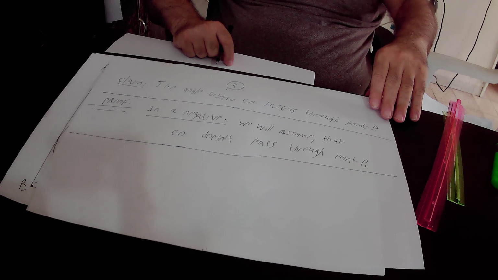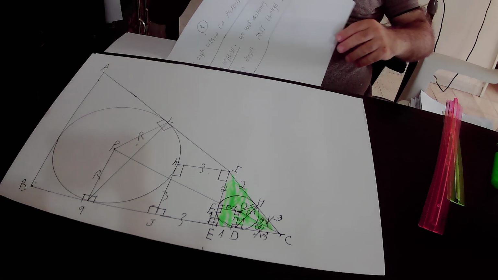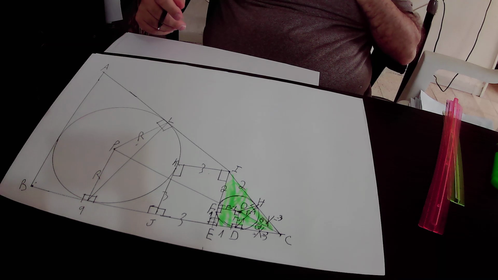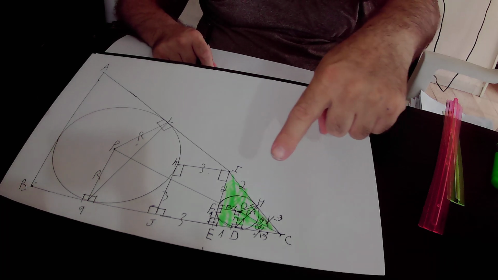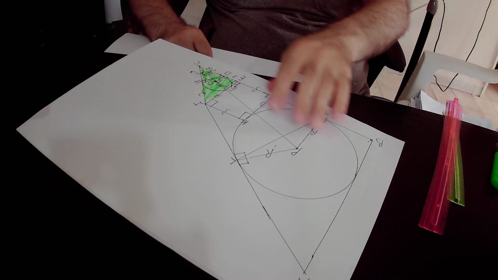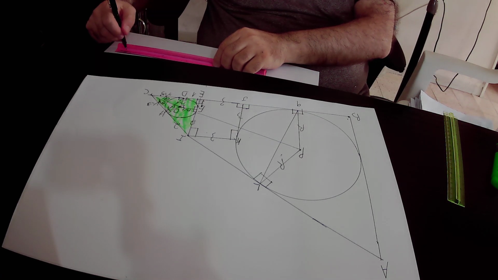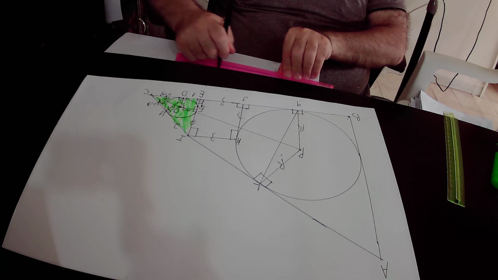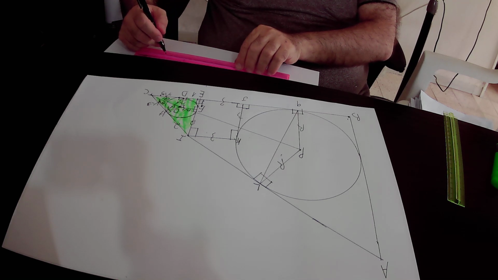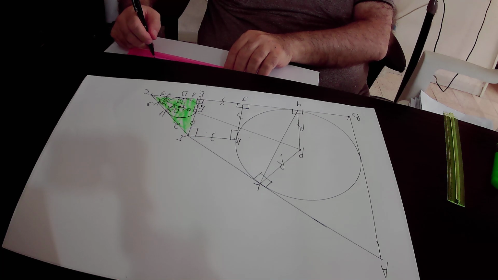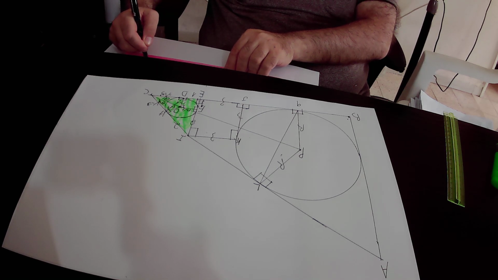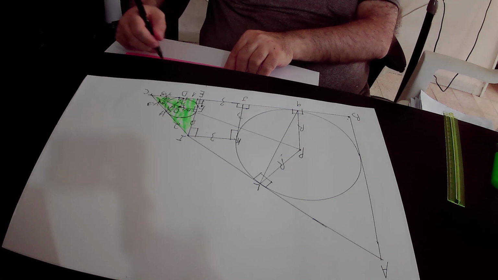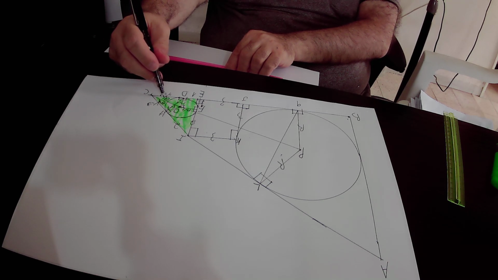Okay, so according to our assumption, if CO doesn't pass through point P, it means that we will have here two angles, angle OCD, this angle OCD equals theta.